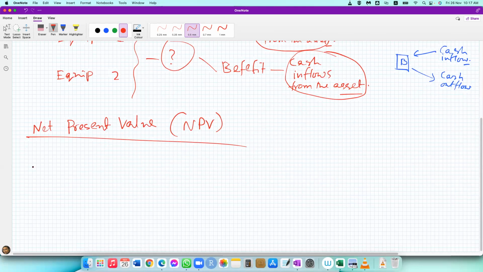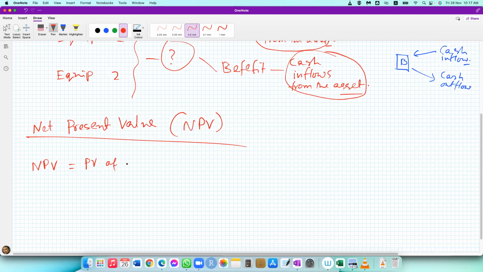Net present value is equal to present value of, you have learned the present value in time value of money. Have you learned or not? Yes, sir.